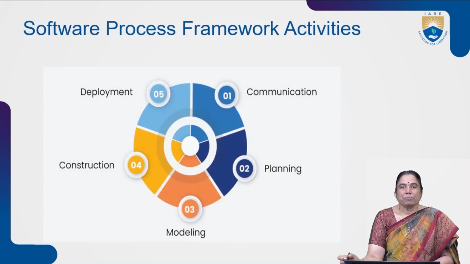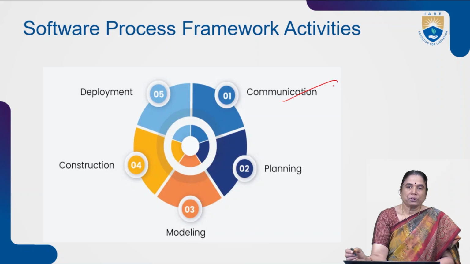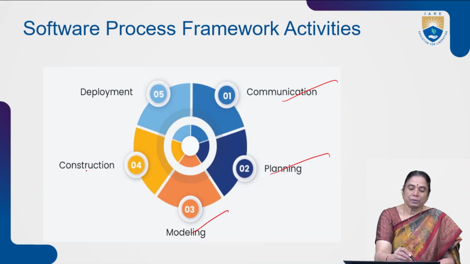Software process framework activities are majorly five activities. They are communication, planning, modeling, construction, and deployment.